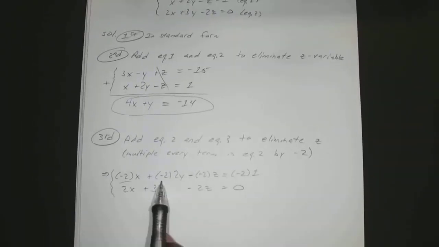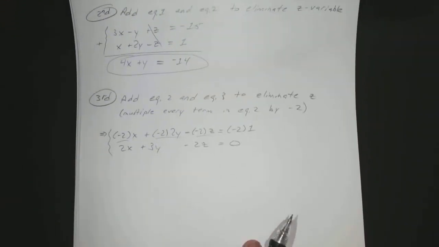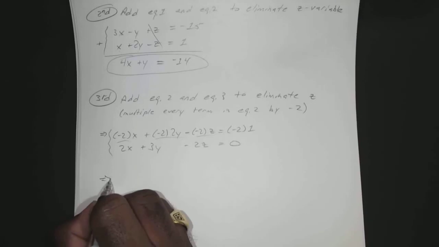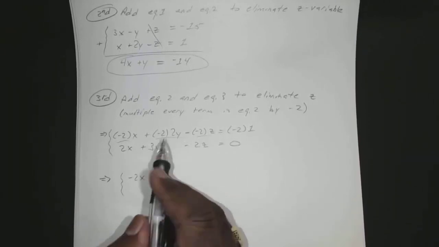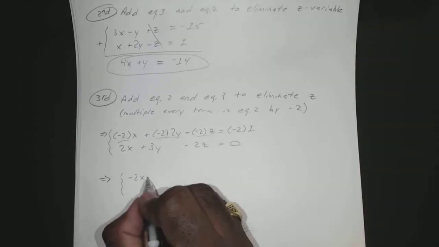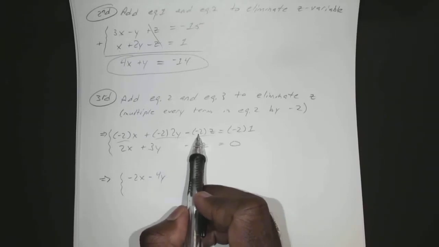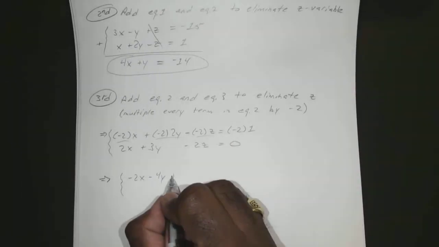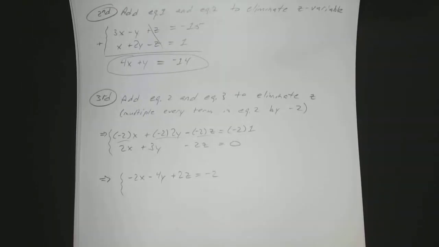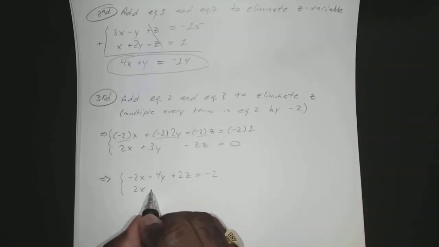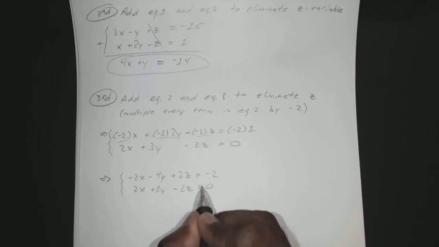So if we go ahead and simplify those, we have negative 2x. Negative 2 times 2y is negative 4y. Minus negative 2z is positive 2z equals negative 2. And 2x plus 3y minus 2z equals 0.